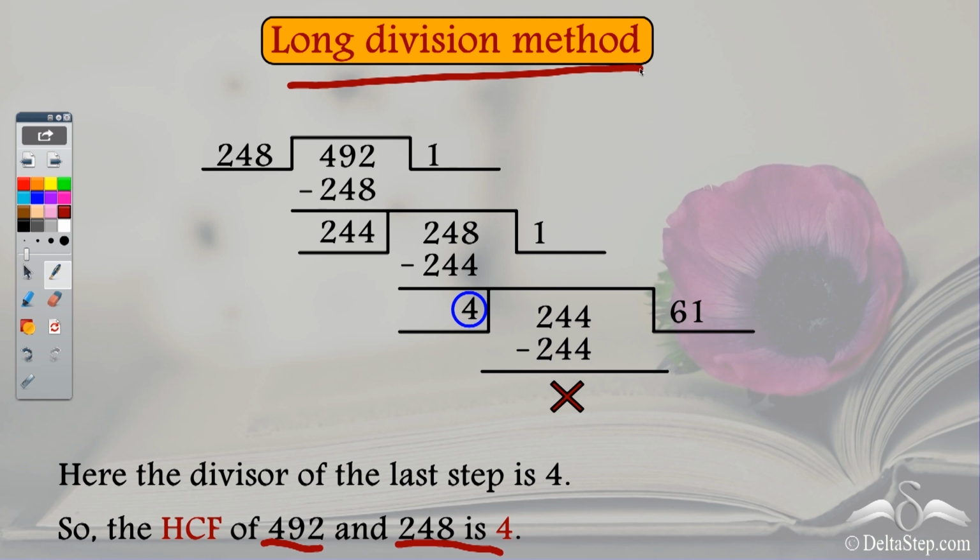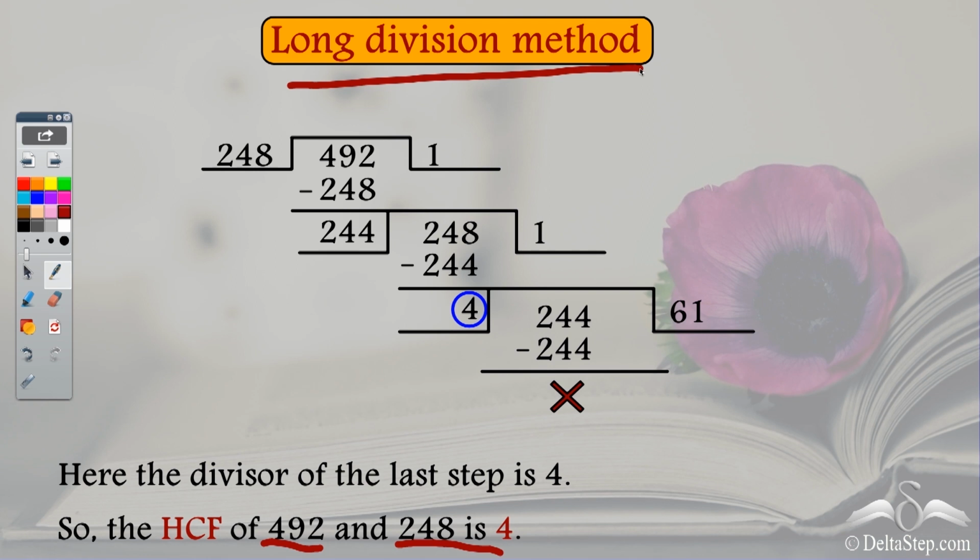Why is this method useful? This method is very useful for large numbers. So when you want to find the HCF of large numbers, if you try to prime factorize them, you will get a lot of prime factors and it will be very difficult for you. But if you go on by this method, then you can find the HCF of large numbers very easily.